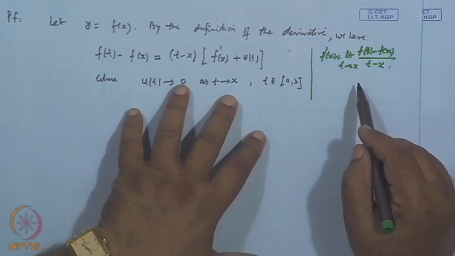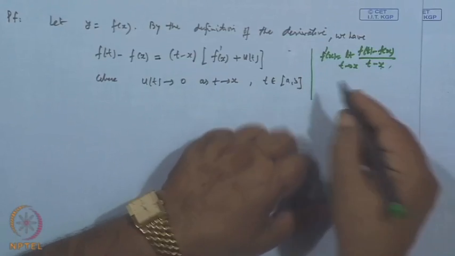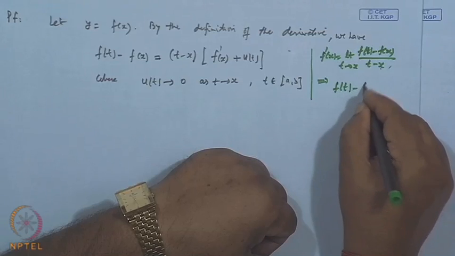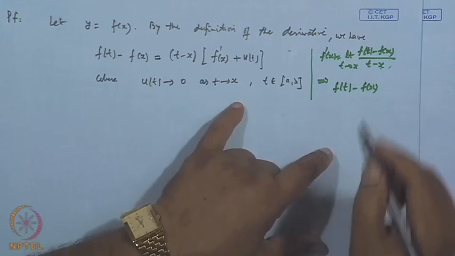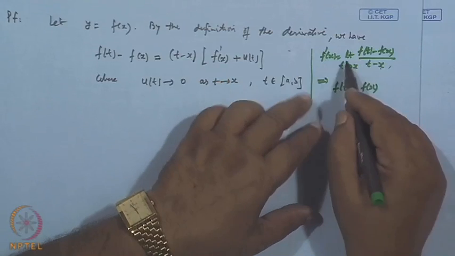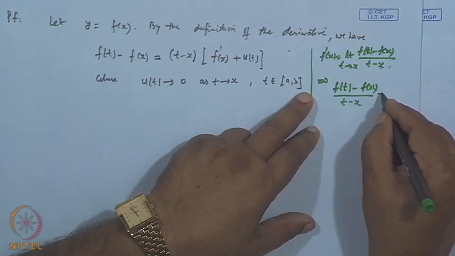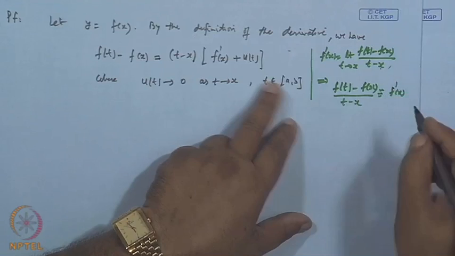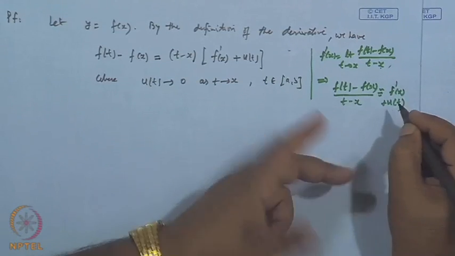If I multiply by t minus x, this is equivalent to the derivative of the function at the point x plus some number, say u of t, which may be epsilon.